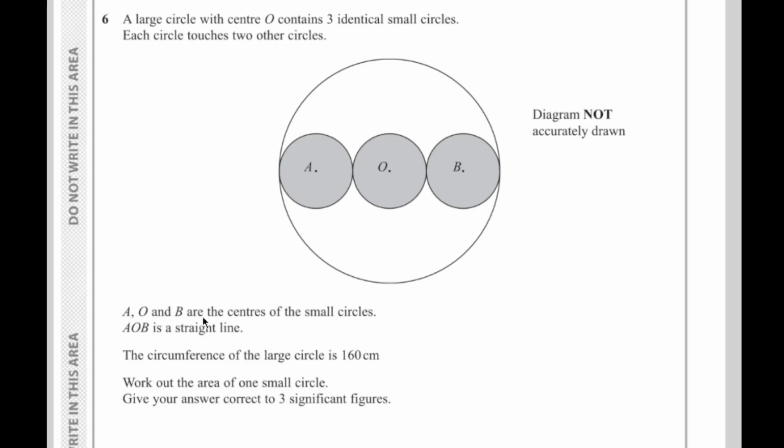A, O, B are the centers of small circles. A, O, B is a straight line. The circumference of the large circle is 160 centimeter. So the circumference of the large circle is given. Work out the area of the one small circle. Give your answer correct to 3 significant figures.